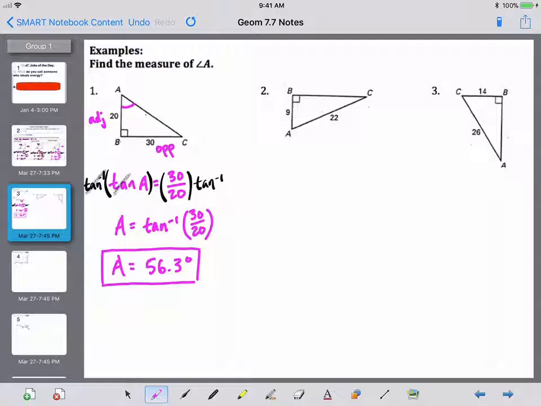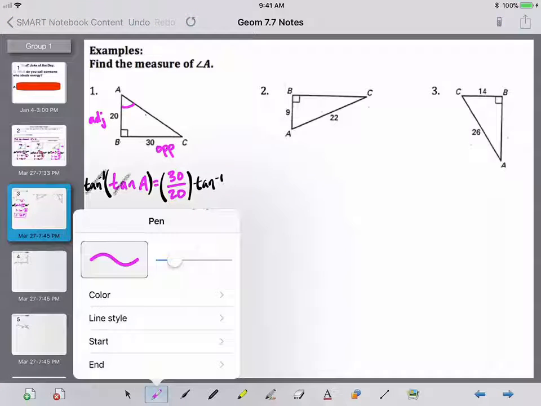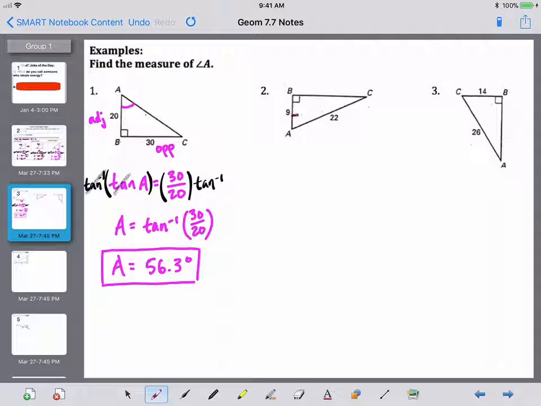In the next example, we're still going to be finding the measure of angle A, but now we've got new sides here, so let's see how they're related to A. I notice that this 9 is adjacent, and now I know 22 is the hypotenuse. So if you have adjacent and a hypotenuse, that tells you to use cosine. So the cosine of angle A is the adjacent over the hypotenuse. And now to figure out the measure of that angle, what are we going to do on both sides?